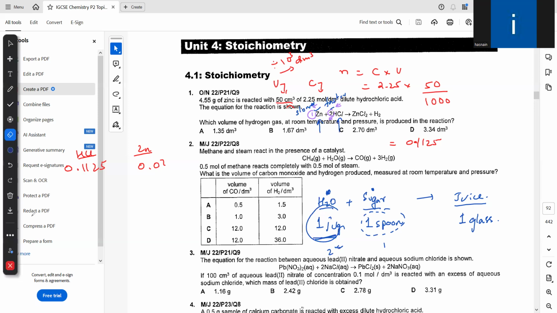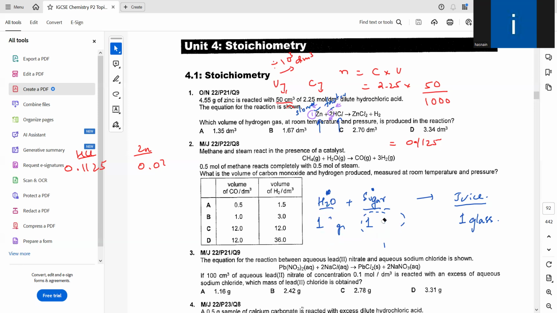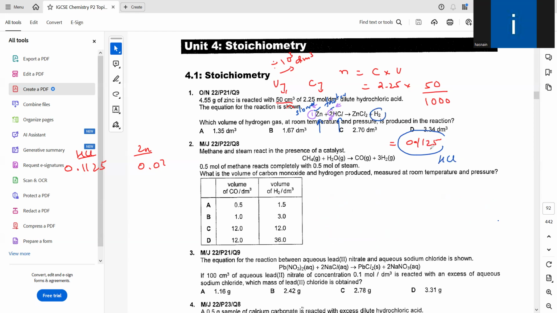So what do we do next? We just have to solve this question by considering only HCl and not zinc. So we'll ignore zinc, since zinc would still be left, and we're going to use these moles. That's the HCl moles, and we have to figure out hydrogen. According to the equation, HCl and hydrogen are related by 2 moles to 1 mole.